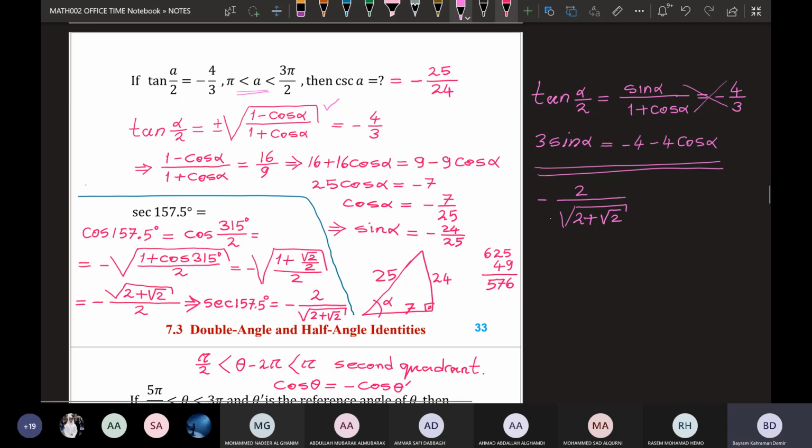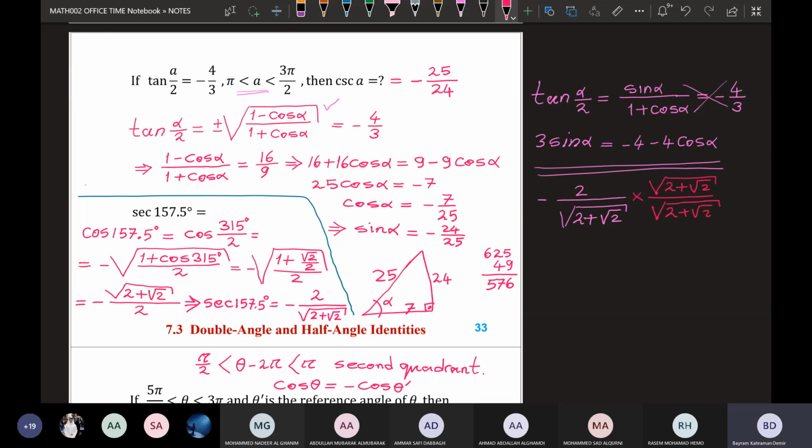Do you remember? I should multiply by root, huh? Yeah, the same value. 2 plus root 2. Right, 2 plus root 2.